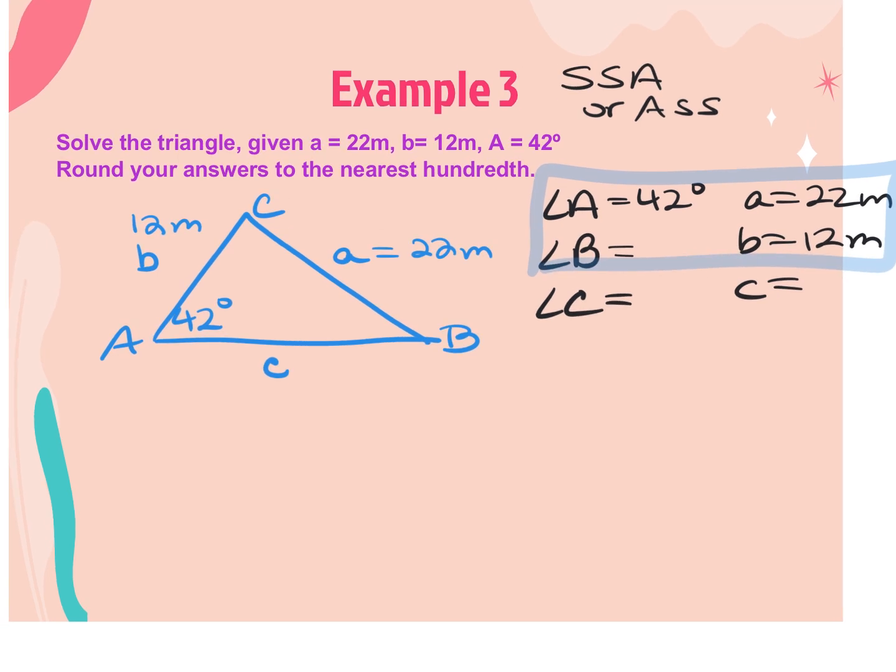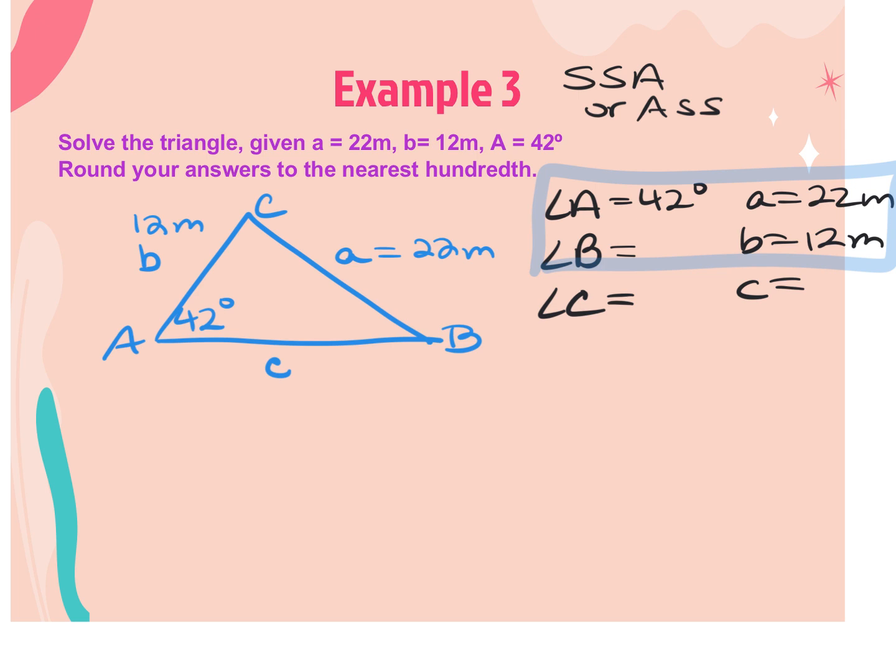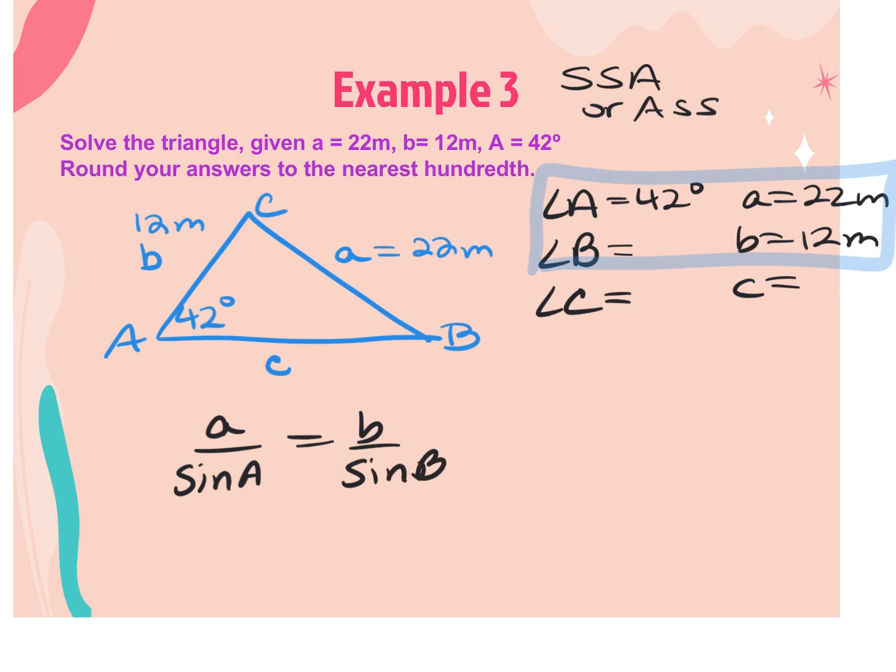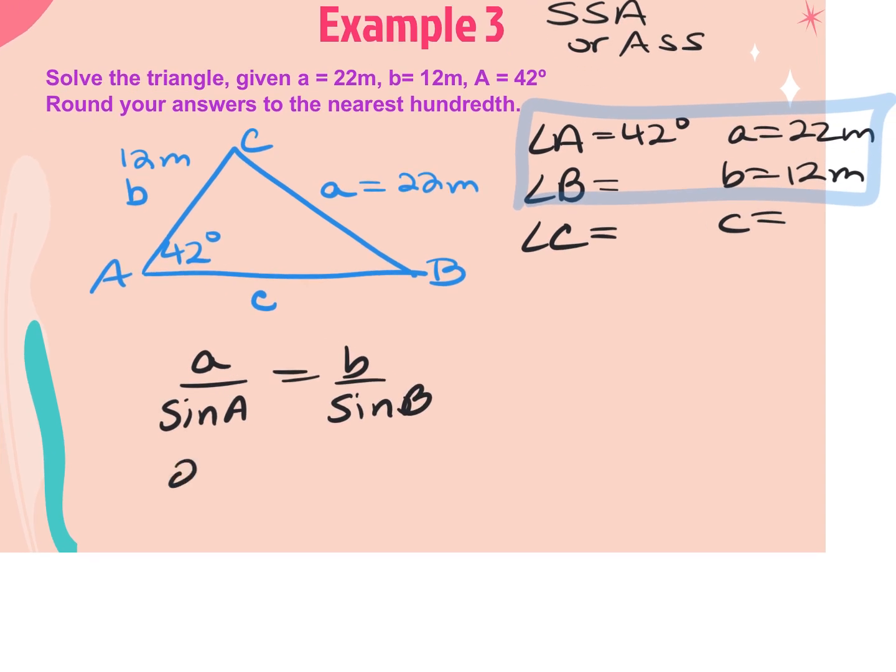I'm going to set up my proportion, and I'm going to be doing A over sine A, B over sine B. So let me fill in. So I have side A, 22. I have angle A, I have side B, but I don't have angle B.